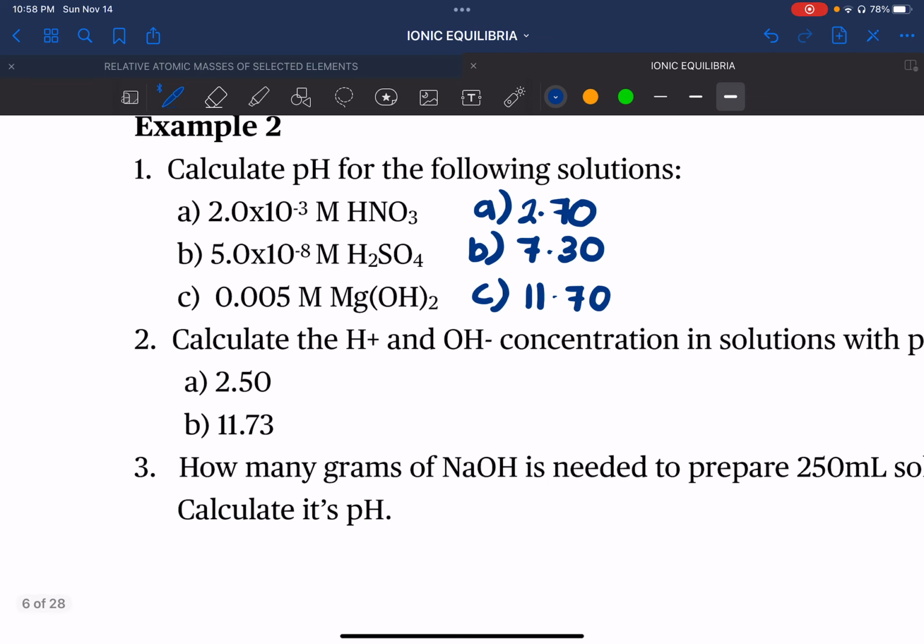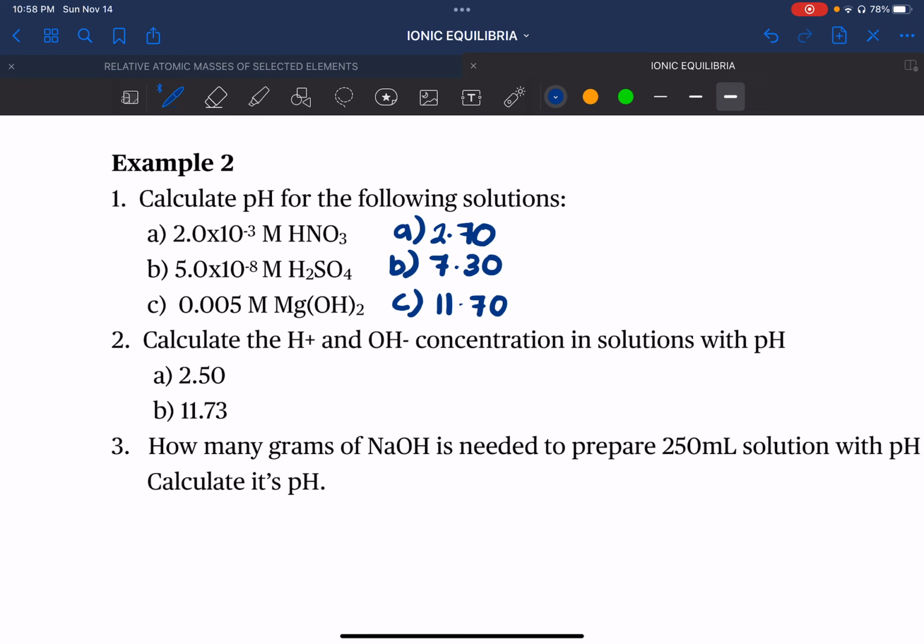Okay, next 2A. Calculate concentration of H plus and OH minus with a pH of 2.5. Okay, so for A, cuba kira guys concentration of H plus. You should get 3.1623 exponent negative 3.